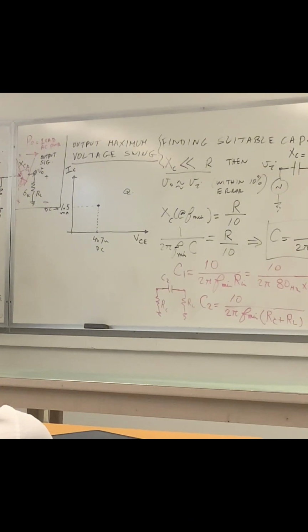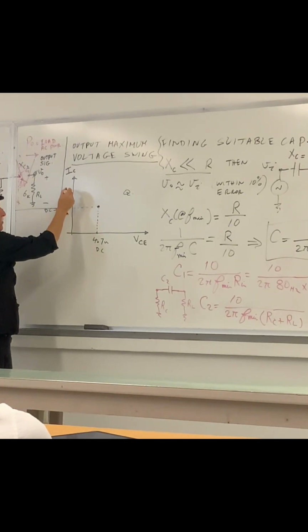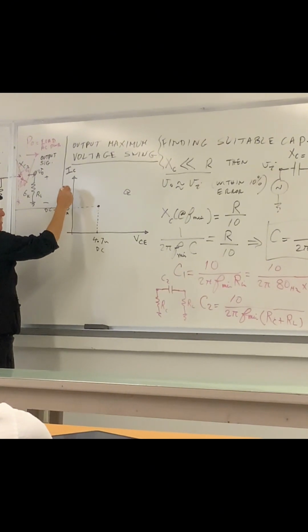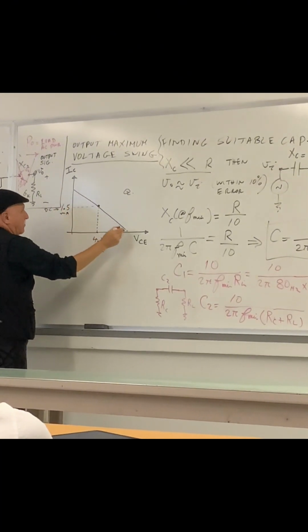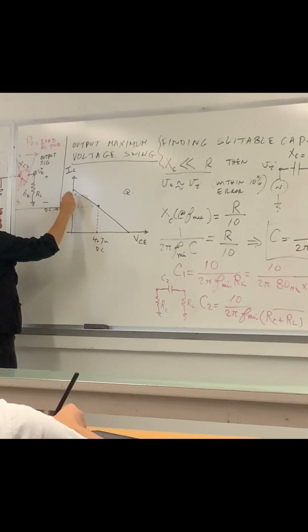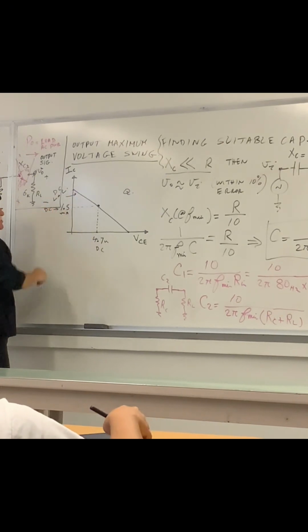This DC load line is a relationship between IC and the VCE to keep the transistor in the active region. It looked like this. DC load line.